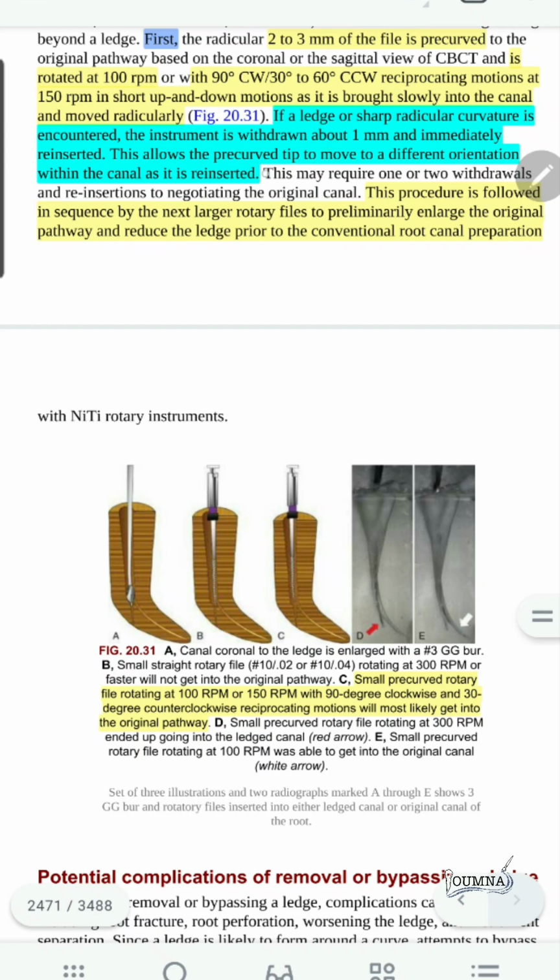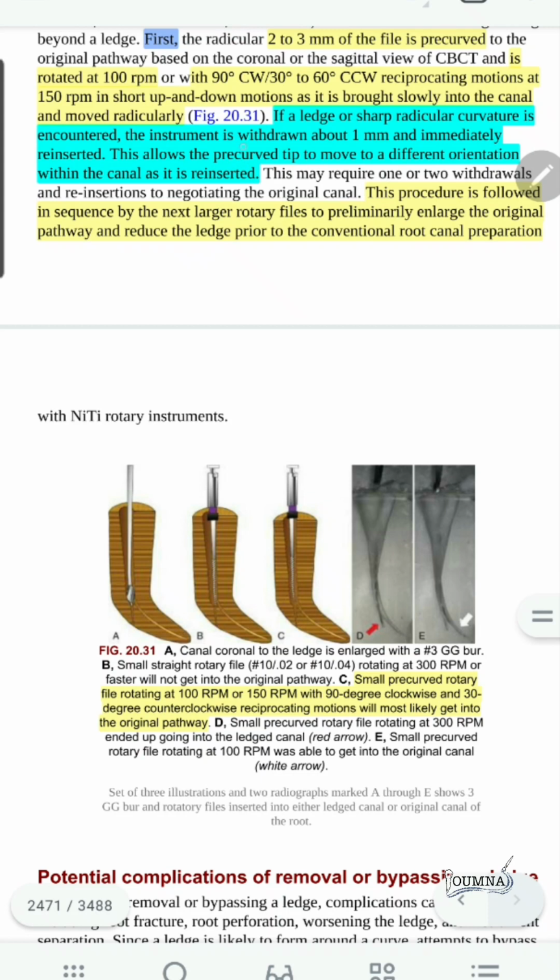Once we feel the ledge, we withdraw the instrument about 1 millimeter up, and then we immediately reinsert it. This allows the pre-curved tip to move to a different orientation within the canal as it is reinserted, which means that as we feel this encounter, we are in the ledge.